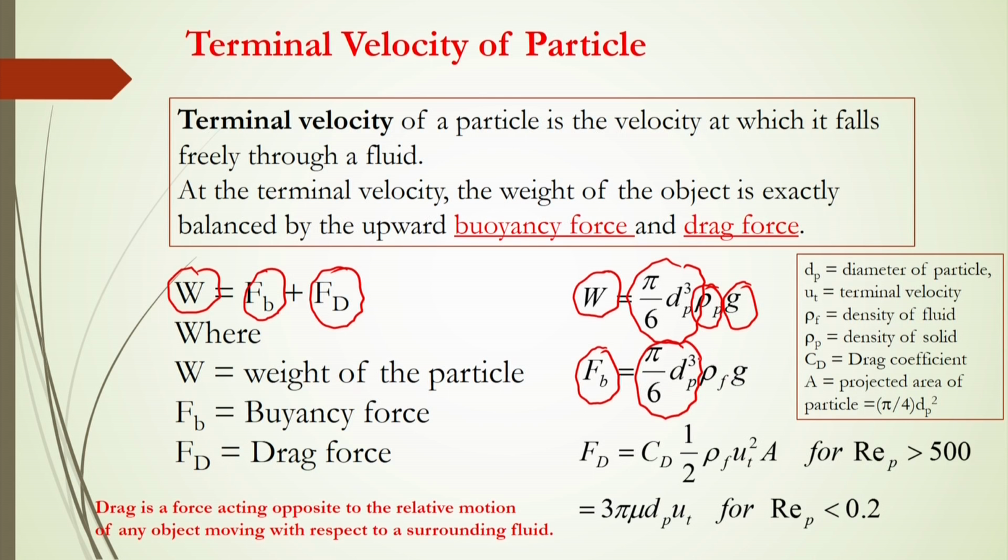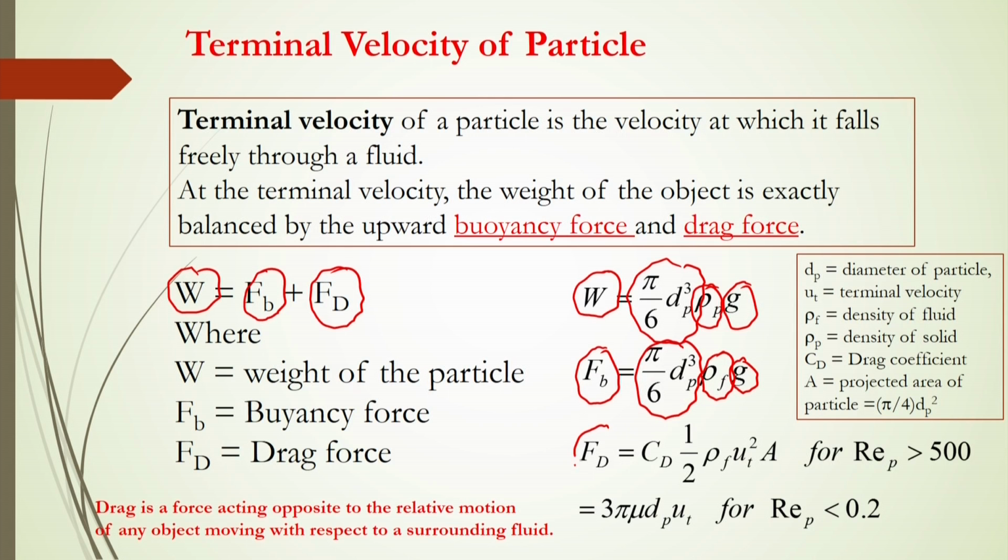This volume into the density of the fluid gives the mass of the fluid, then into g, the gravitational acceleration, gives the buoyancy force. This mass is the mass of the fluid that is displaced by the solid particle.